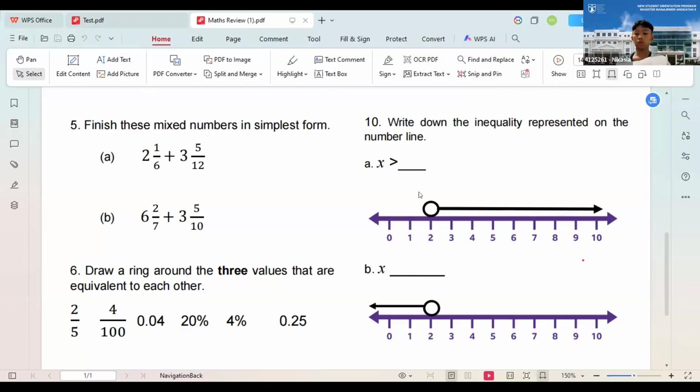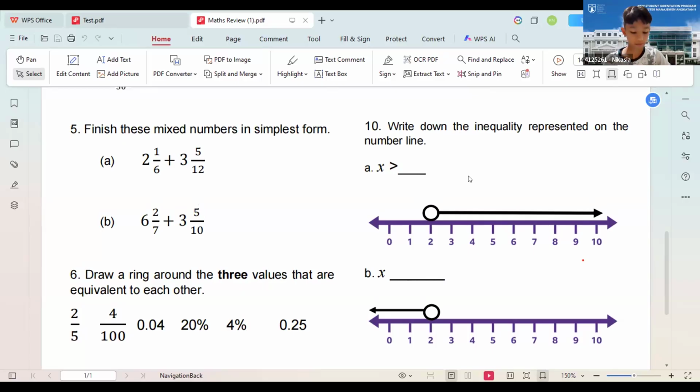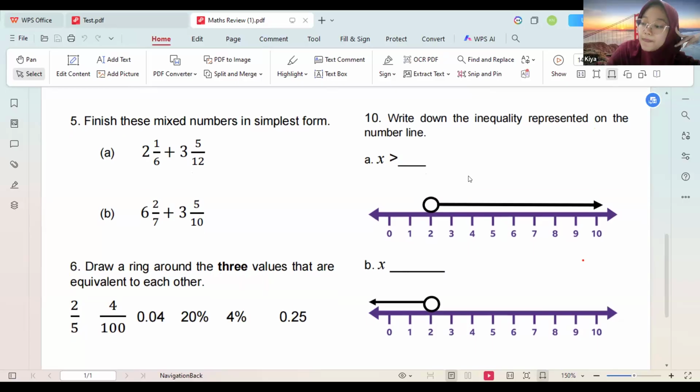I already did all of them in school. Oh, with the teacher or by yourself? With the teacher, we reviewed with the teacher. Do you want to review it again with me? Yeah, the teacher said review.